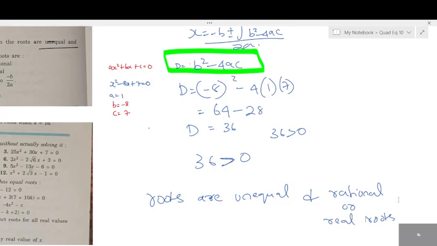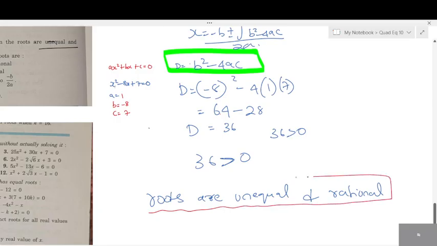What is given, students? I mean the answer, page number 475. Rational and unequal. See, this is how you have to write. What are the roots? Rational and unequal. This is the answer.